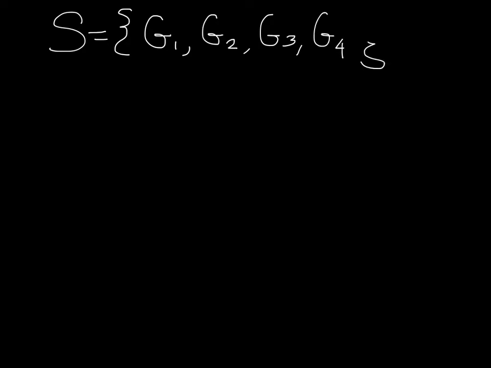So we have our big set S, and again, I think in class today we had 19 students. So I can write, and I'll just call this, let's maybe use G1 for group 1, G2 for group 2, G3, and G4.